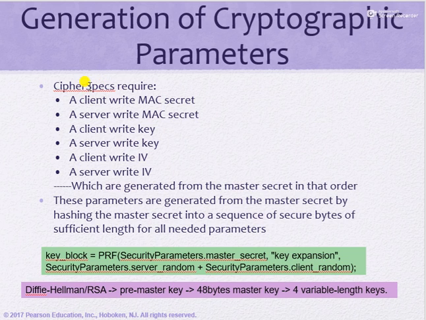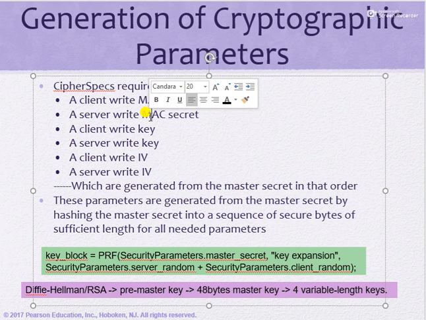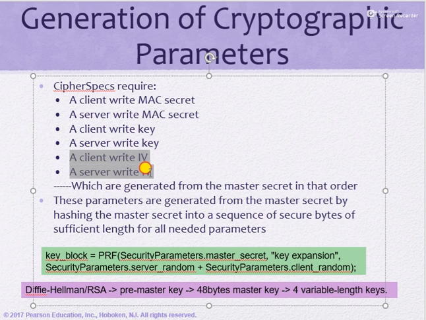So change cipherspec requires a client write MAC secret, the key used by the client to calculate MAC, a key used by the server to calculate MAC, a key the client uses to encrypt the messages, and the key the server uses to encrypt the messages. And if they require an initialization vector, then a client write initialization vector and a server write initialization vector.